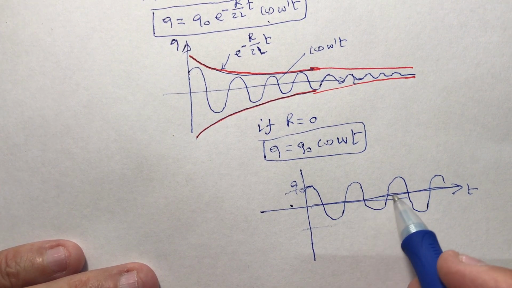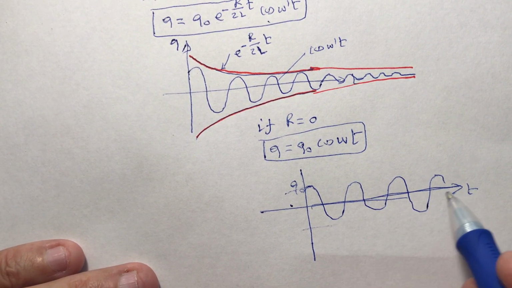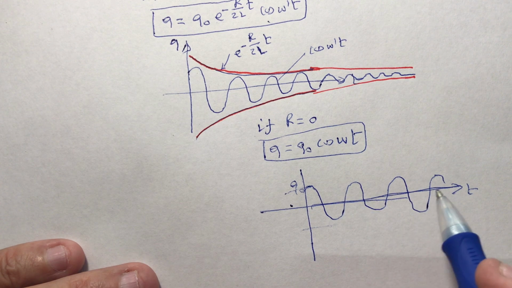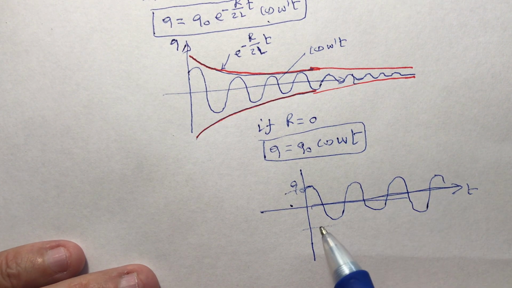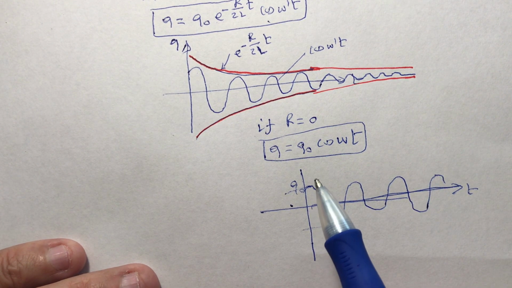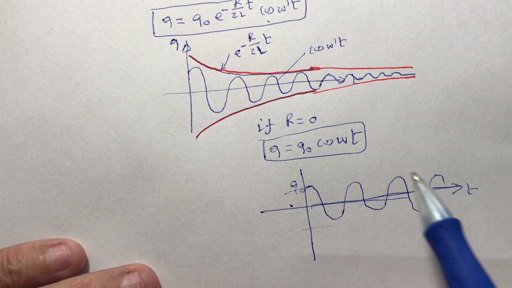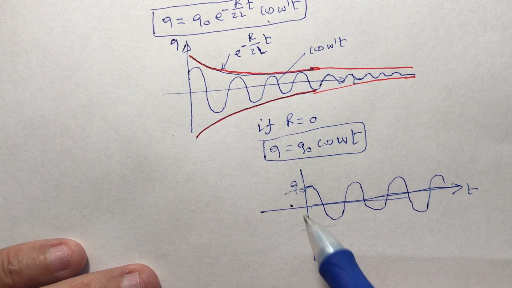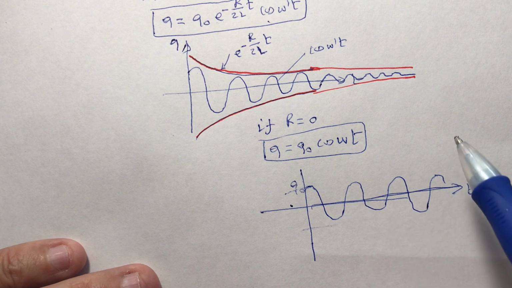So Q will just keep coming to the capacitor and then leaving the capacitor, oscillating back and forth, back and forth.